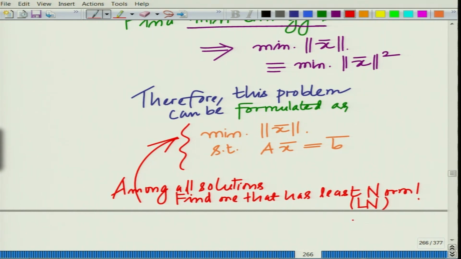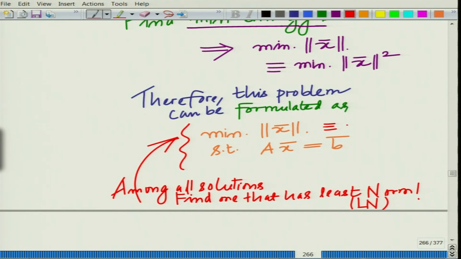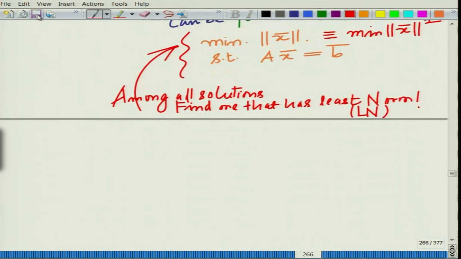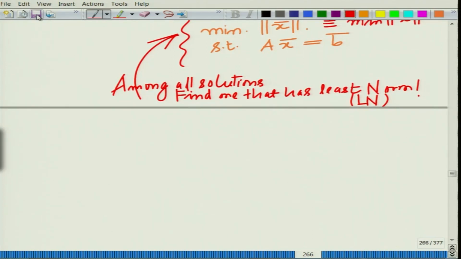This is the least norm solution, right. Among the infinite number of solutions, find the one that has the least norm. That is why this is the least norm problem. And remember, you can also equivalently formulate this as minimize norm of x bar square. Once again, this is a convex problem, this can be solved using the Lagrangian cost function.